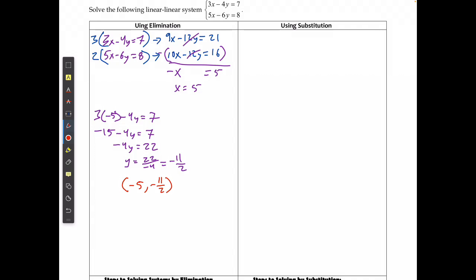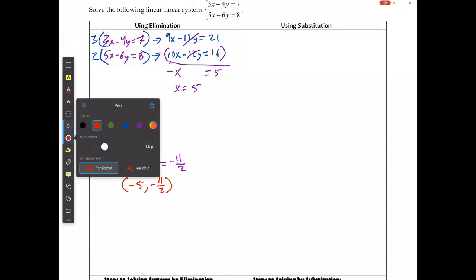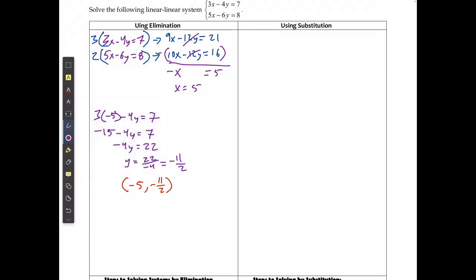Now, if I'm using substitution, I'm going to state that I have the two equations. I'm going to label them. So this is equation 1, and I'll call this equation 2. First off, I need to isolate a variable in one of the equations.